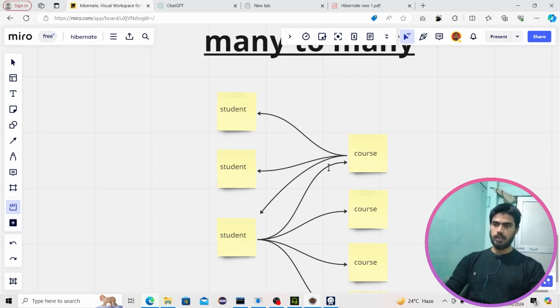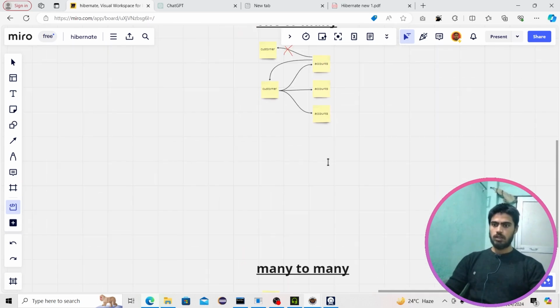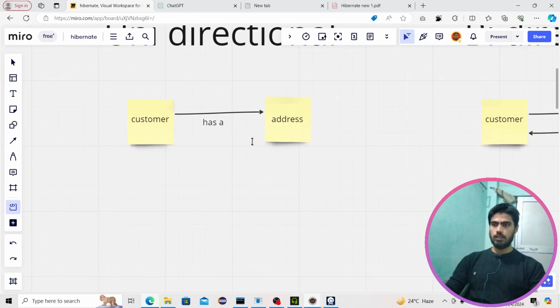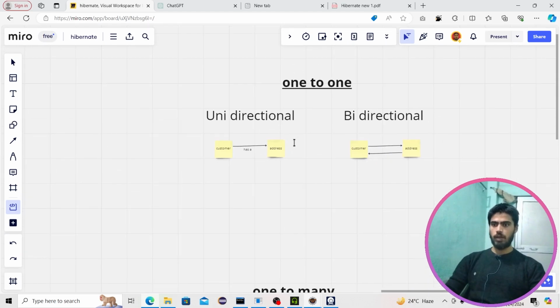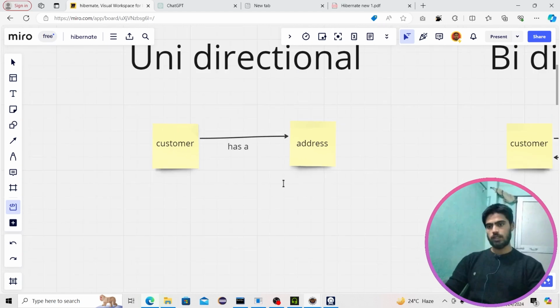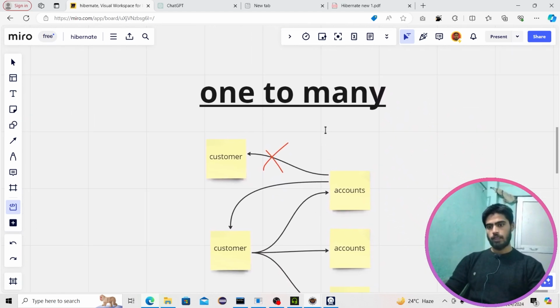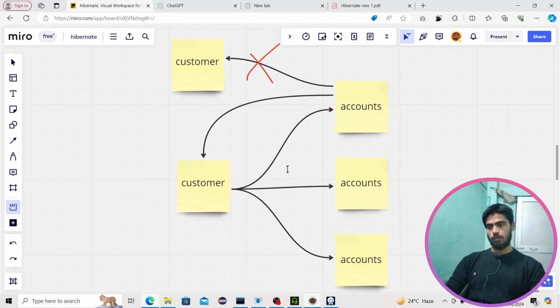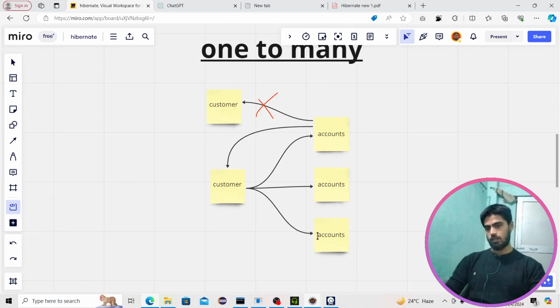So just remember the examples. That's all you have to do in the association mapping. In one-to-one mapping, just remember the customer and address relationship. One customer belongs to one address, and one address always belongs to one customer. In one-to-many mapping, one customer can have multiple accounts, but one account is always going to belong to one customer.